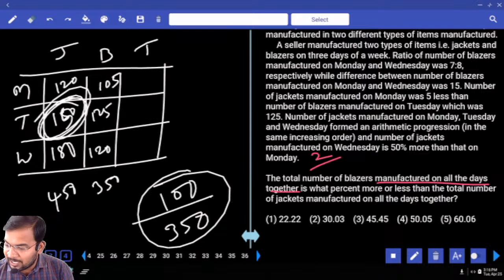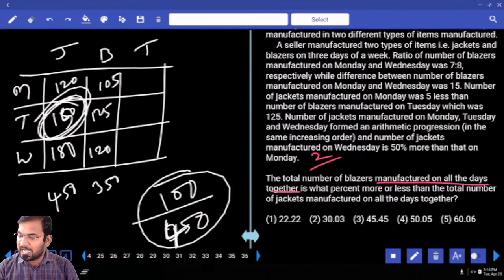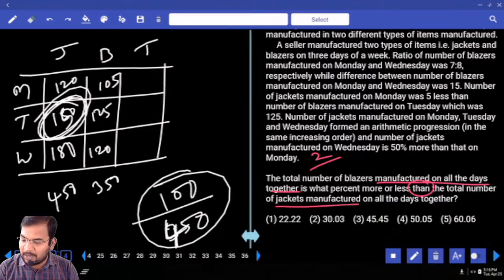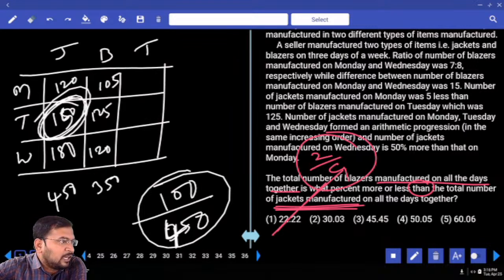They compared the total number of jackets at 450, because the one after 'than' is the one you keep in the denominator. So 50 by 225 is nothing but 22.22. Whenever 9 is in the denominator, multiples of 11 come. Are you clear?